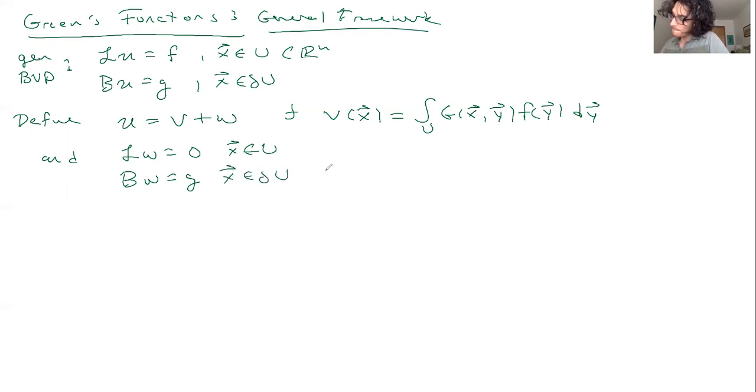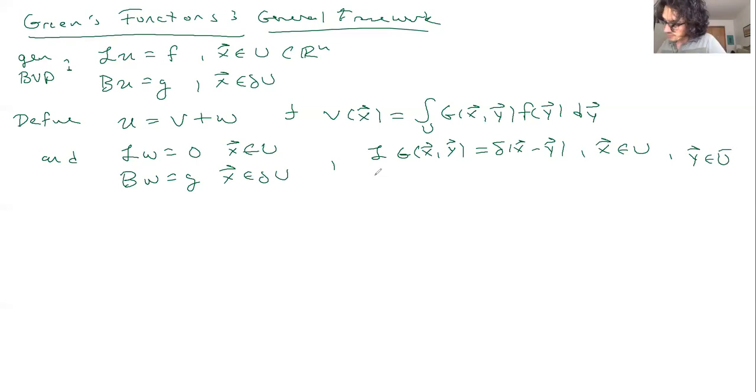Okay, and our Green's functions here are going to satisfy L G(x,y) = δ(x − y), where x lives in U, y could be on the closure of U, and then the boundary condition acting on G should be 0, on the boundary there.